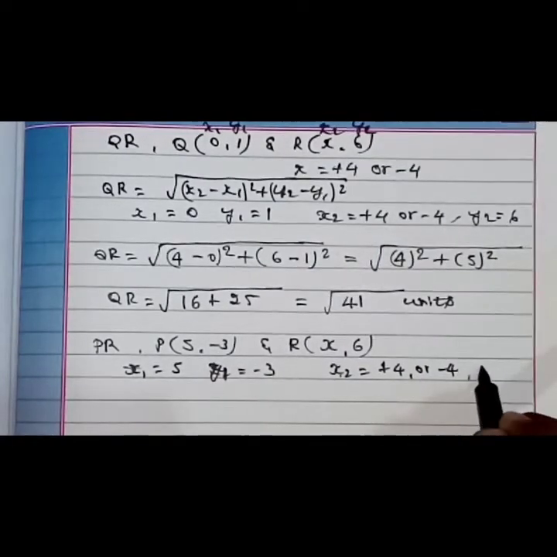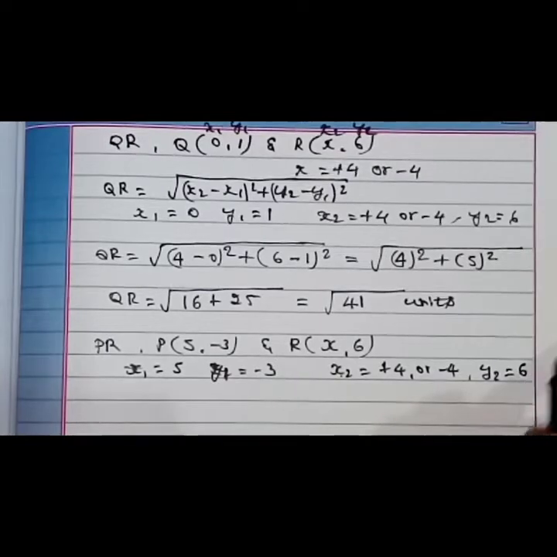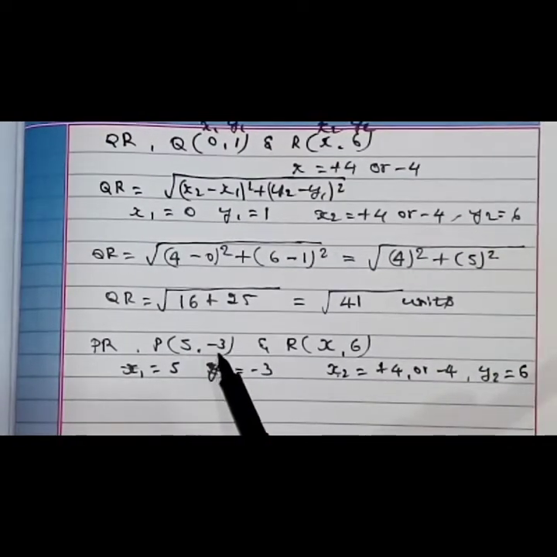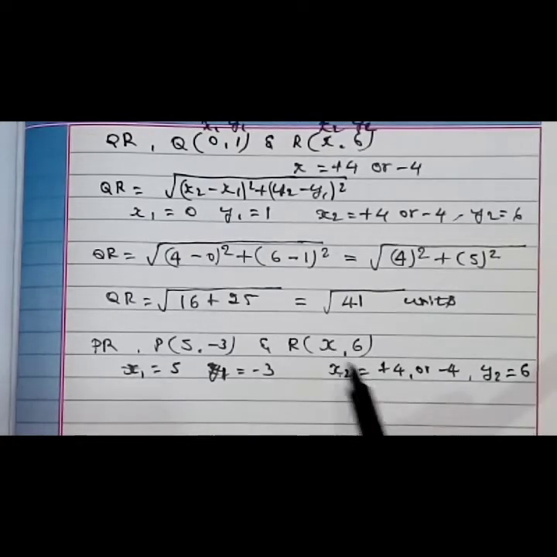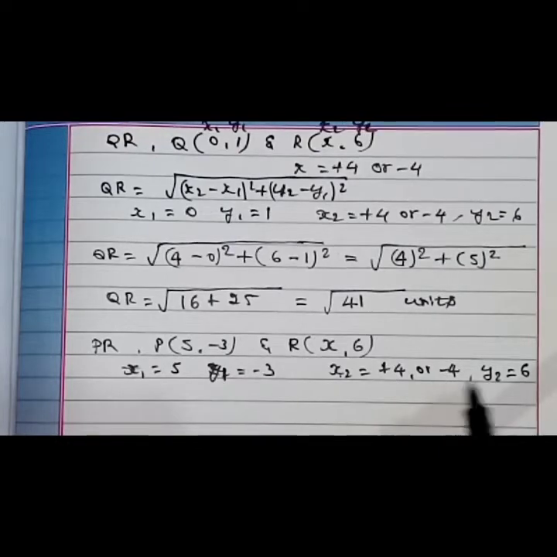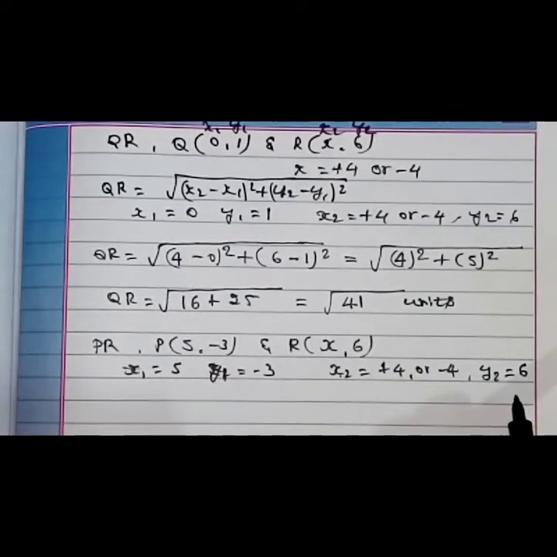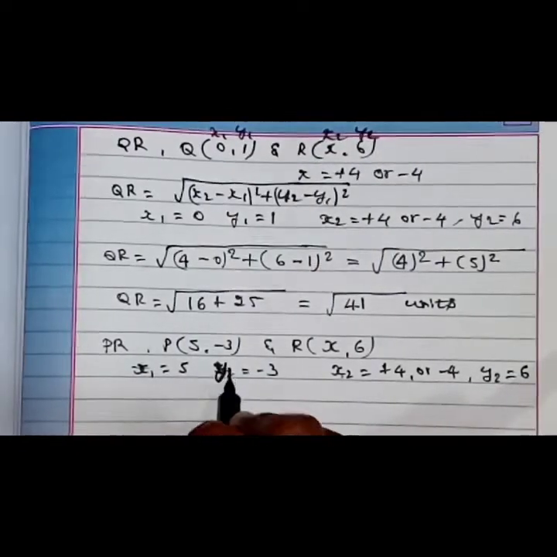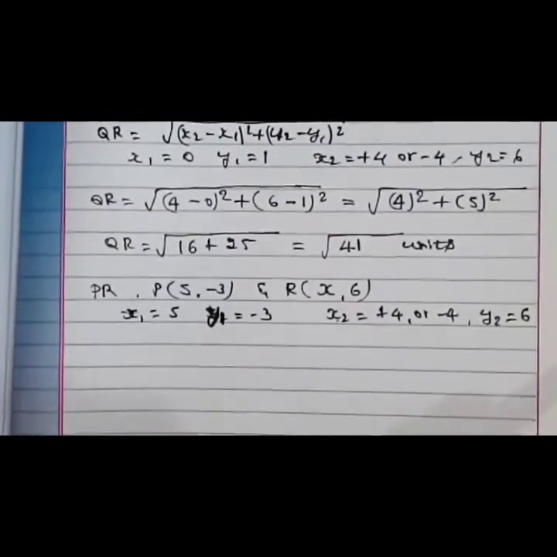So therefore y2 is how much? Y2 is nothing but 6. Again I'll say x1 is 5, y1 is minus 3, x2 is x, nothing but plus 4 or minus 4, right? And y2 is 6, right children? Now apply the distance formula.